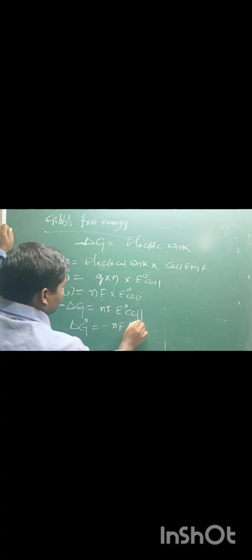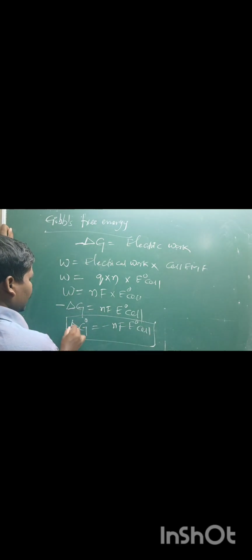In thermodynamics, delta W is equal to minus delta G. That means minus delta G is equal to nF standard EMF of the cell. Or just take standard delta G naught is equal to minus nF standard EMF of the cell. This is the relationship between Gibbs free energy change and the standard EMF of the cell.